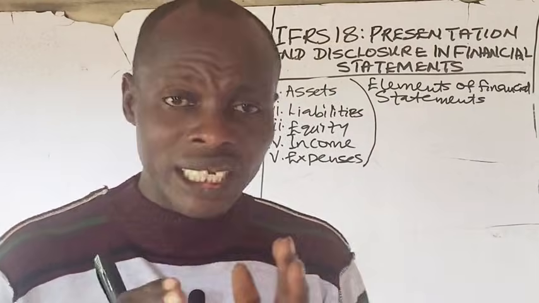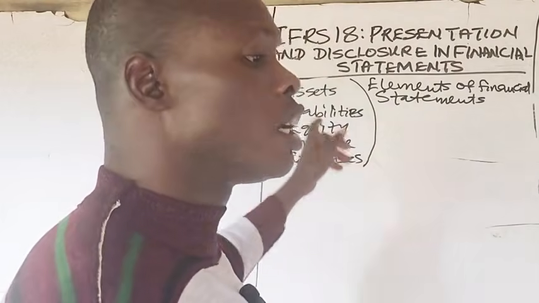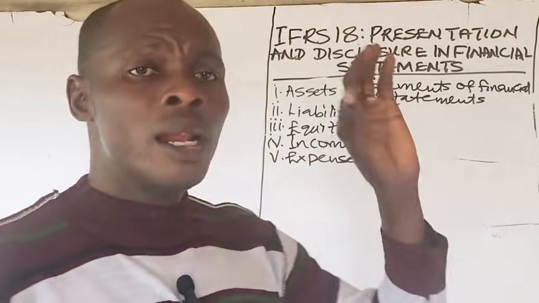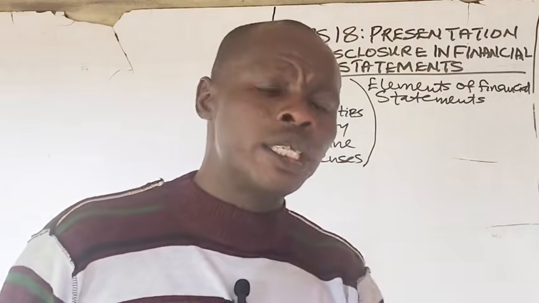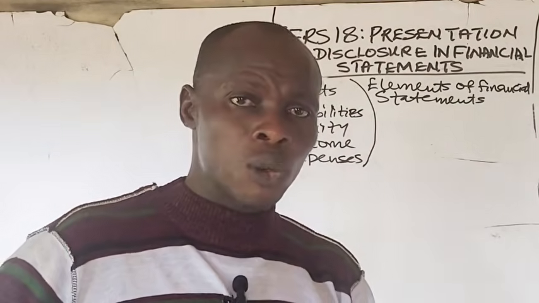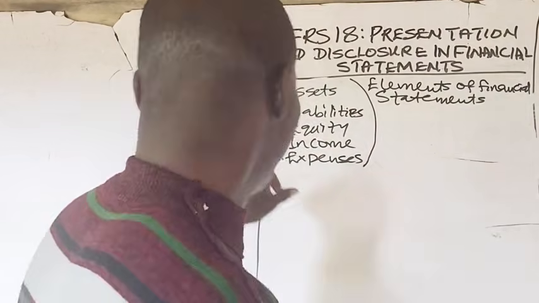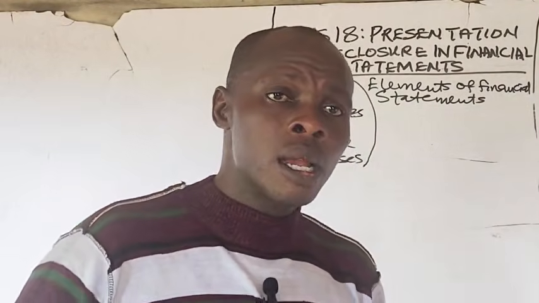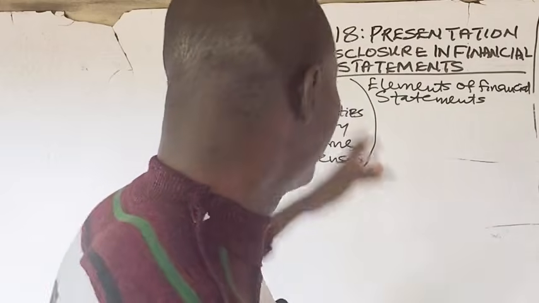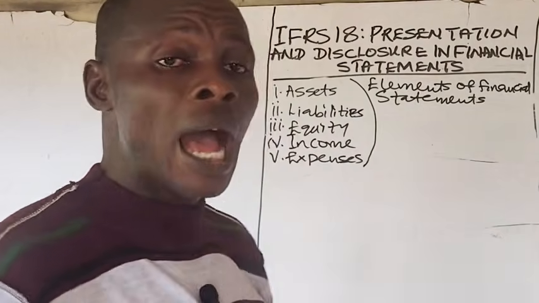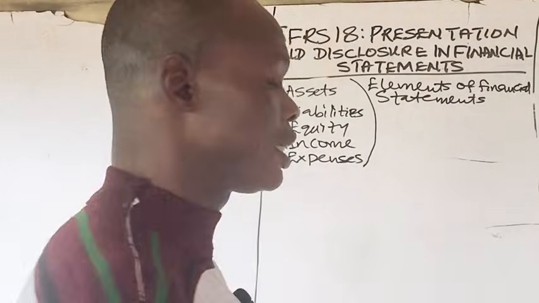A statement of financial position is a statement that reports the assets, liabilities, and equity of an entity as at a particular date.